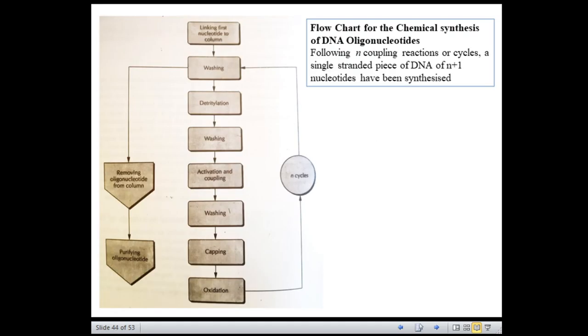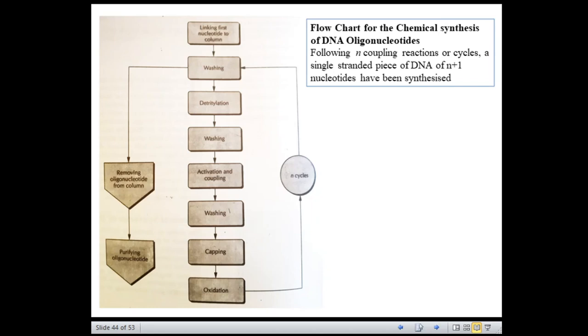So this is a flow chart for the chemical synthesis of DNA oligonucleotides. Here the linking of the first nucleotide to the column happens, followed by washing, then detritylation. Detritylation refers to removal of the dimethoxytrityl group from the 5' end of the nucleoside, because this 5' end is very important for the coupling reaction.